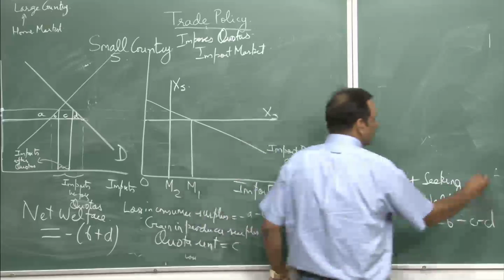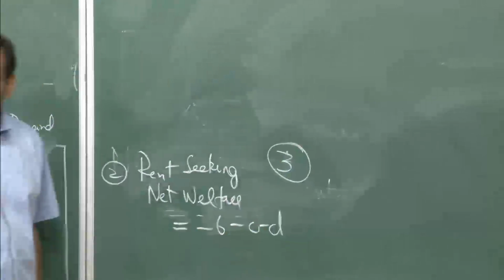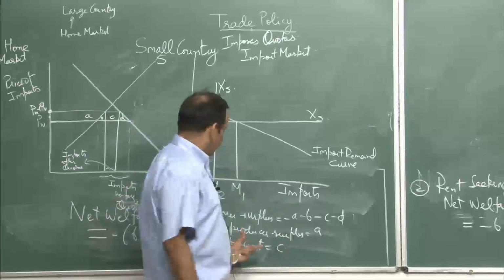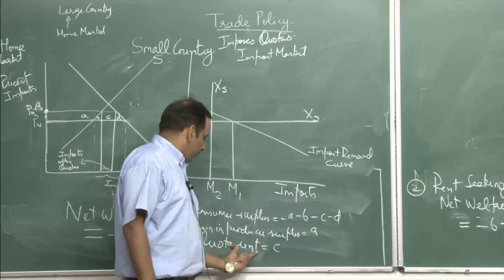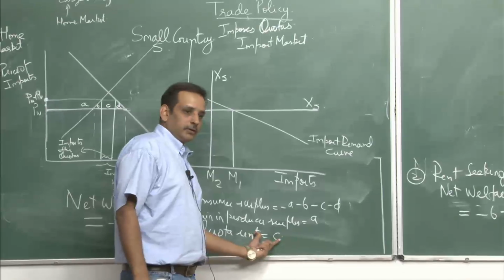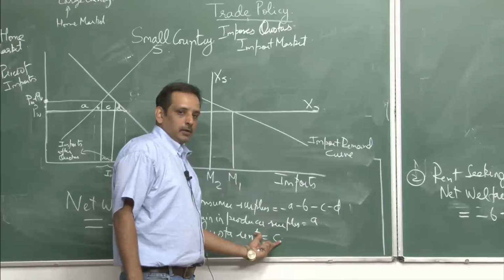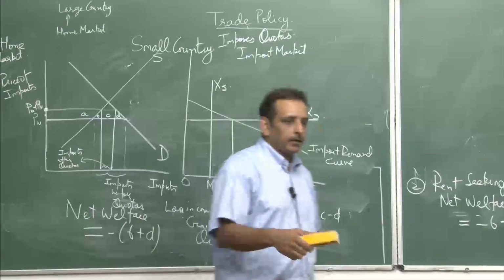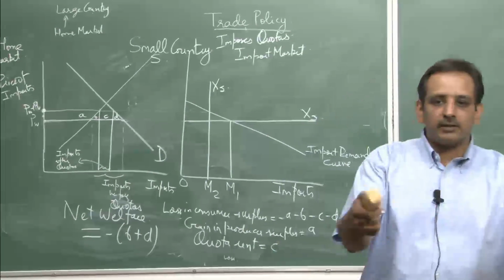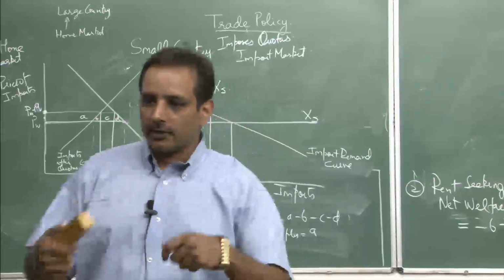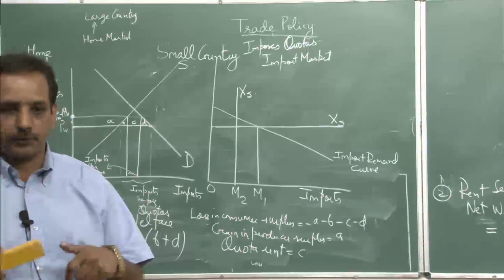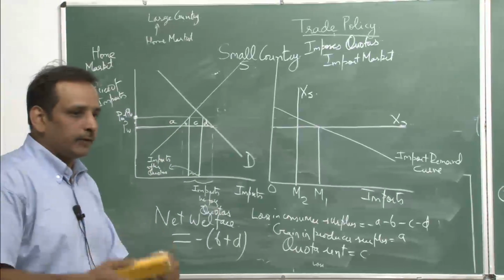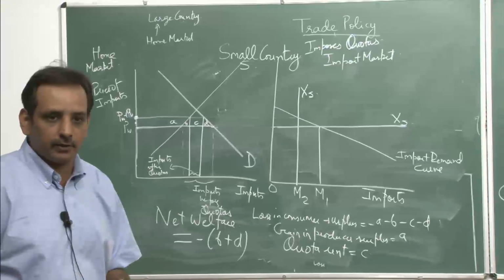The third is when auctioning is done. So, the government achieves a revenue equivalent to the quota rent, which is equal to C. So, here the only difference is that when it allocates these licenses, it does it systematically, it adopts the auction process, not like what we saw in 2G where everything was given on first come first serve.